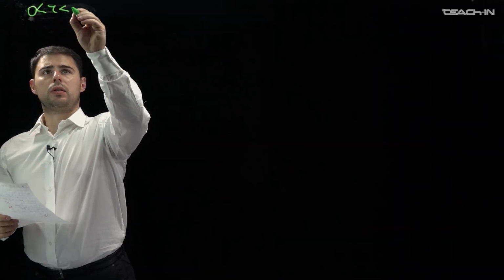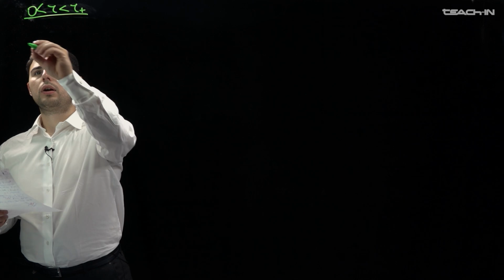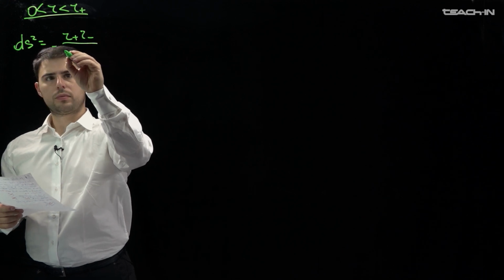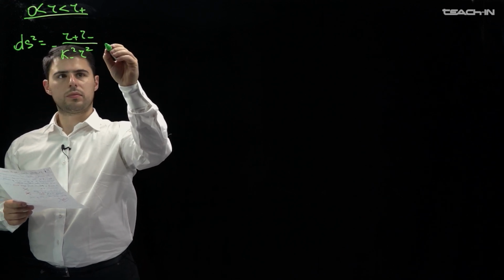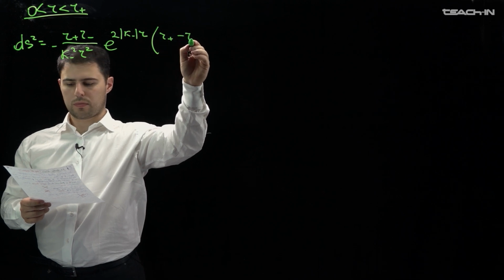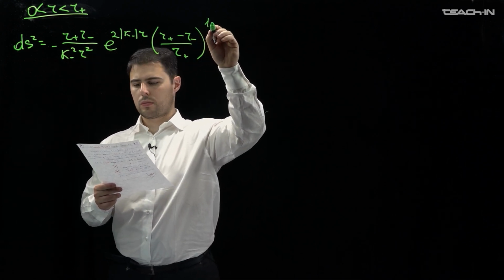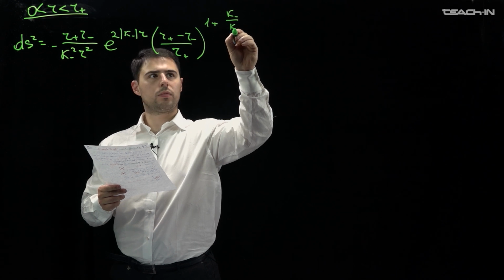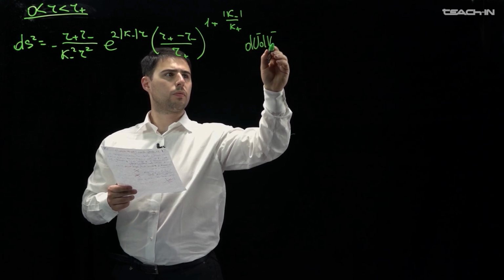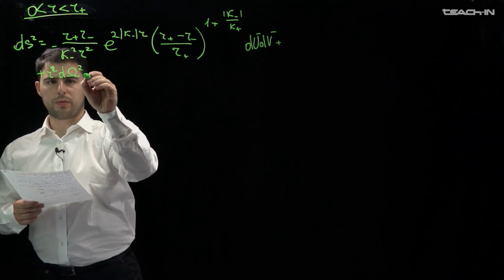So, in the chart that covers the exterior of the black hole, we have the metric given by, plus the two-sphere.